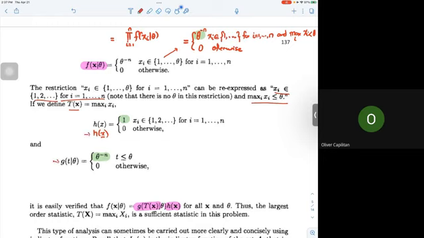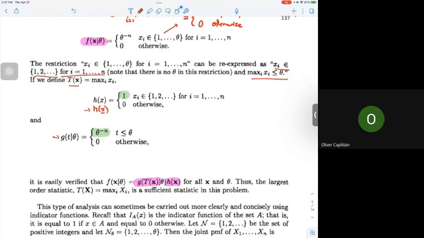So yung t natin dyan, which is equal to the maximum of x sub i. So the largest order statistic here is the sufficient statistic for this problem. So hindi tayo nag-guess, but based on our factorization theorem, we're able to obtain our sufficient statistic.